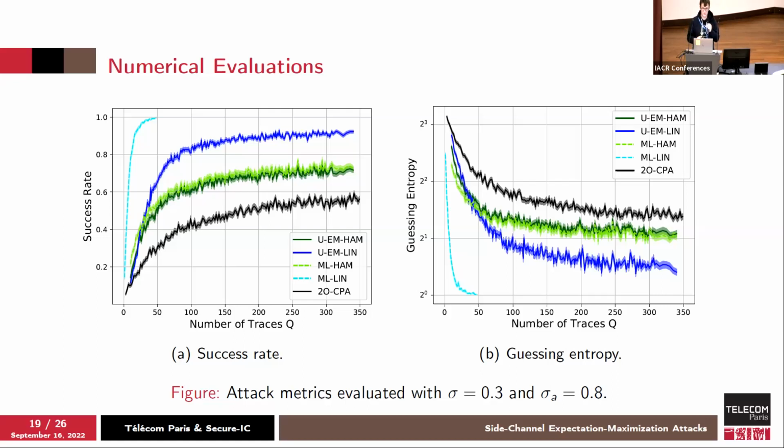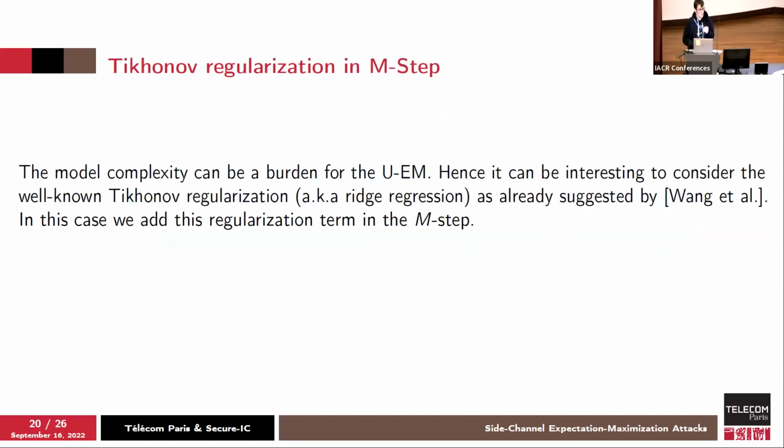But at some point, when we provide enough traces, it becomes better, but still it is not close to the maximum likelihood with a linear leakage model that you see in the corner in blue. And all the attacks here outperform a second order CPA. This suggests that maybe the UEM linear does not really generalize well.